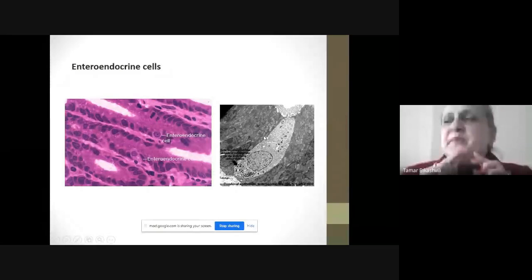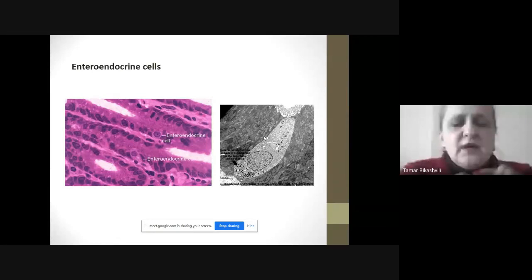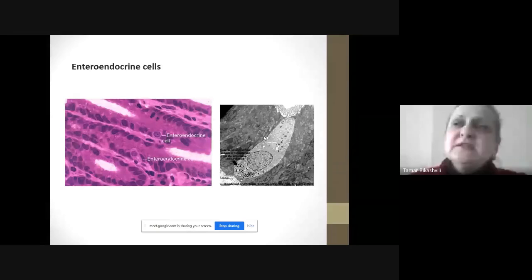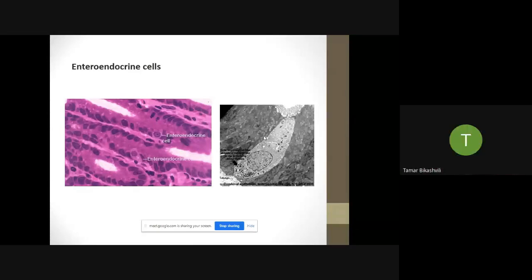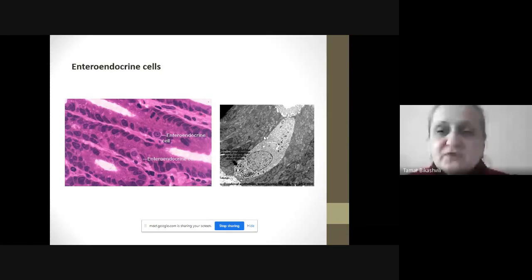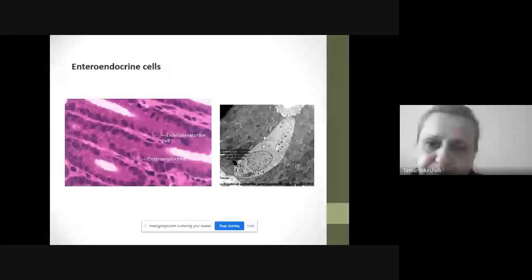So in stomach, I think you remember, there are also endocrine cells, but I said at that time that these cells in stomach are closed type endocrine cells. So these cells don't have contact with the lumen. But in small intestine, endocrine cells are open type endocrine cells. Look here, this cell.